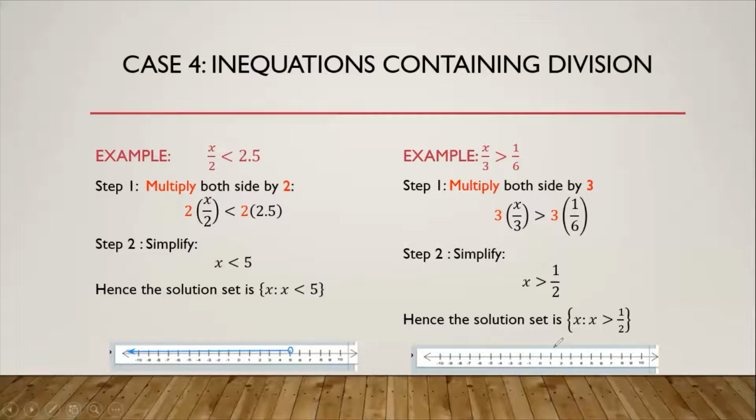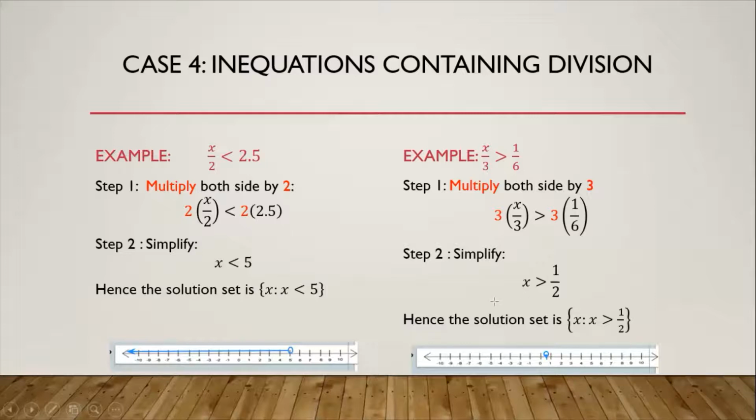So first I need to identify where 1/2 would be. Half would be halfway between 0 and 1. So let me put a stroke that represents a half. So half would be just about here, right? So we need to place an open circle above that line that represents half. So it would be somewhere around here.